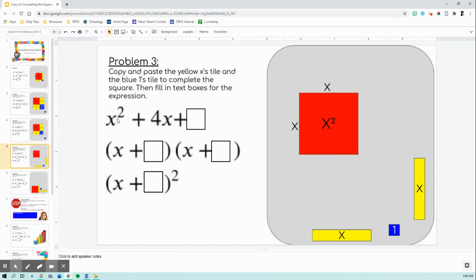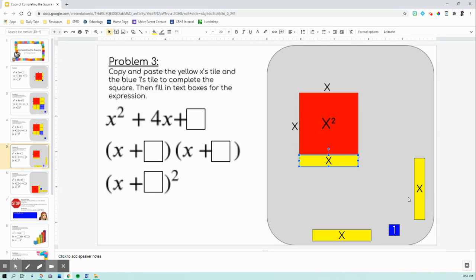In problem number 3, we're given the same amount of information about the expression, but this time our x tiles have not been put in the picture for us. So we're going to remember that we're trying to build a square. That means the length and the width have to be the same. So we have to use a total of 4 of these yellow x tiles.